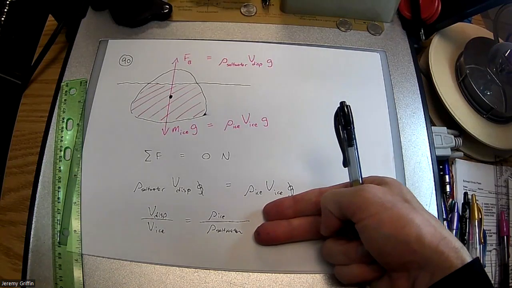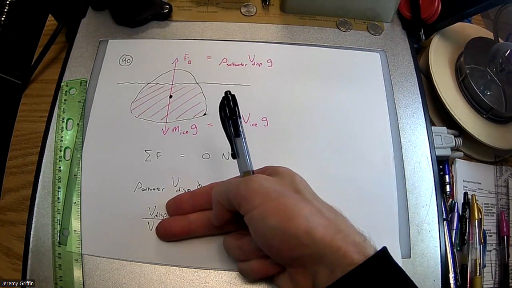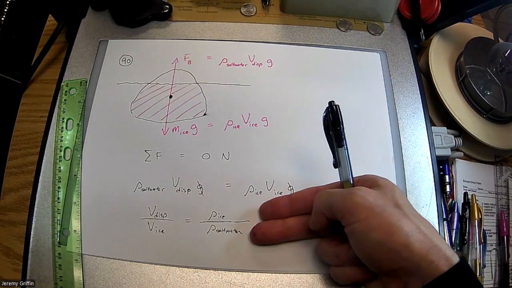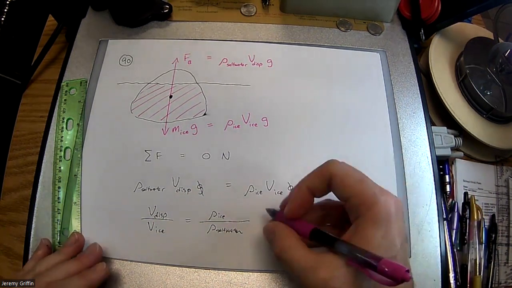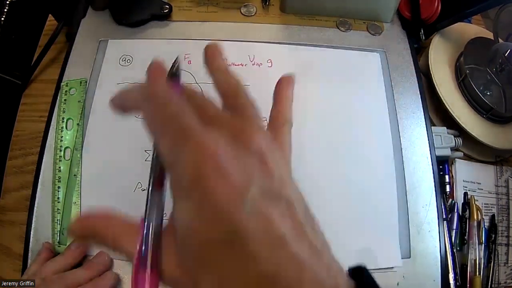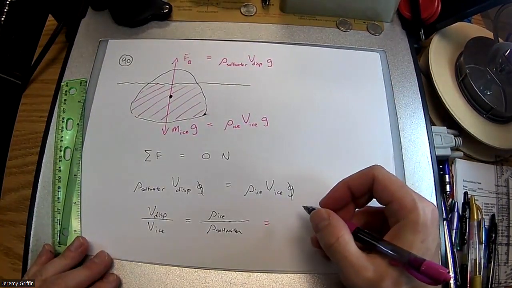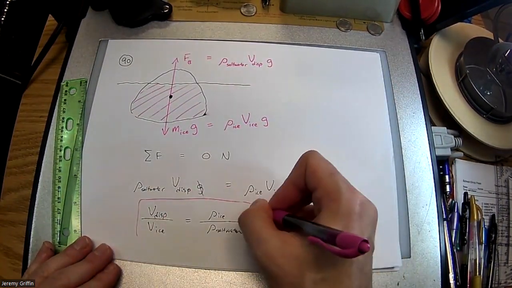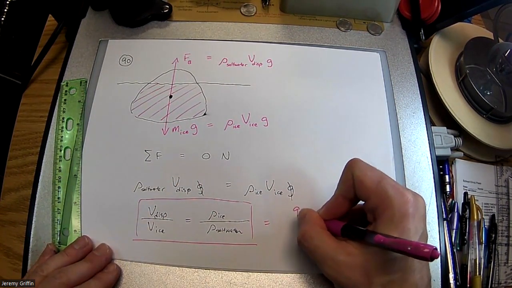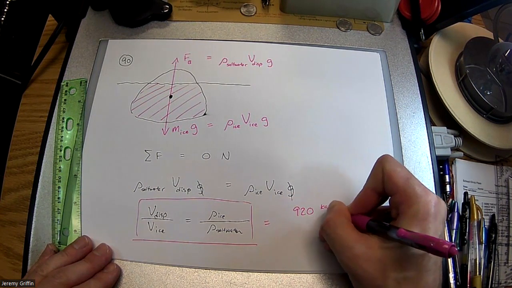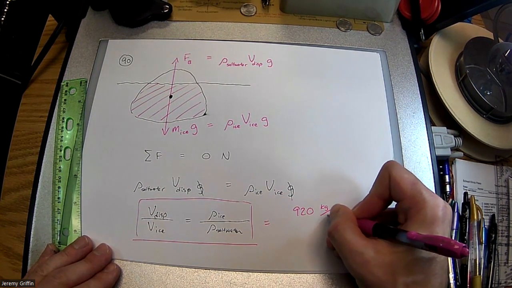And these are the 2 values I gave you. So here answers the question. That's equivalent to the ratio of 2 numbers I gave you. Like I said, I think this exact puzzle would be a really good poster. So here's the answer in terms of variables, and then for numbers. My paper says 920 kilograms per cubic meter for ice.